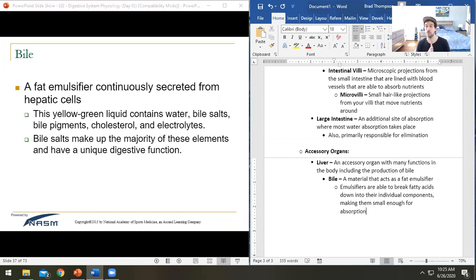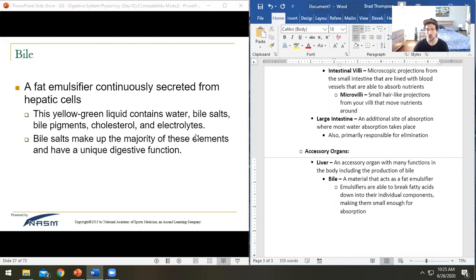So again, like I mentioned earlier, if you try to wipe grease off of a pan using water, fat is what we call hydrophobic. It is afraid of water. It repels water. So you need to have bile in order to emulsify those fats. That breaks those fats into tiny, tiny pieces.